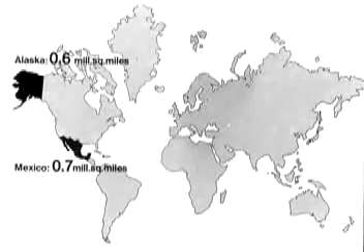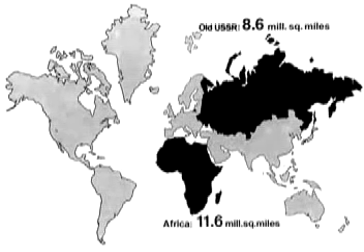Alaska's diminutive 0.6 million square miles are drawn much larger than Mexico's 0.7 million square miles. Perhaps the most egregious distortion is found when comparing the inflated 8.6 million square miles of the old Soviet Union to the greatly diminished 11.6 million square miles of Africa.